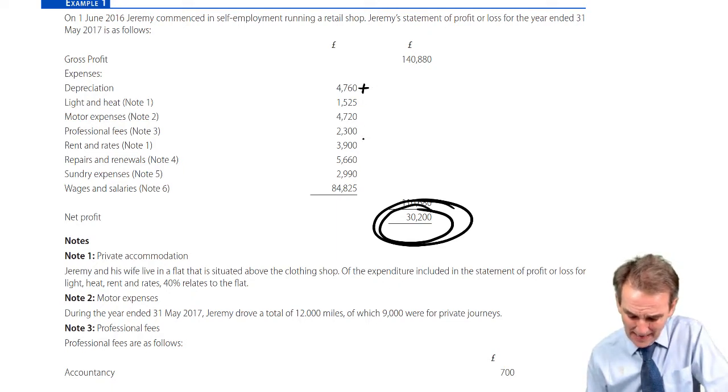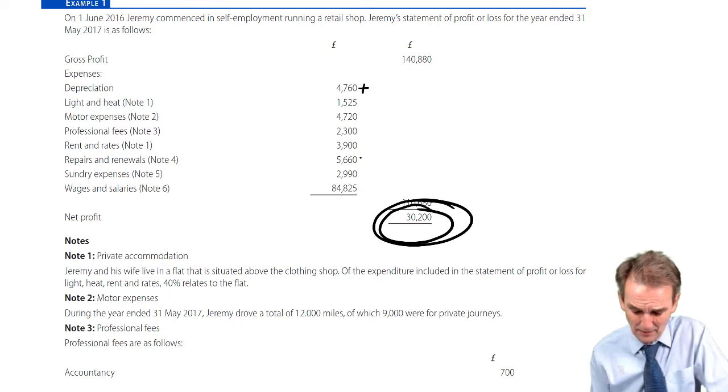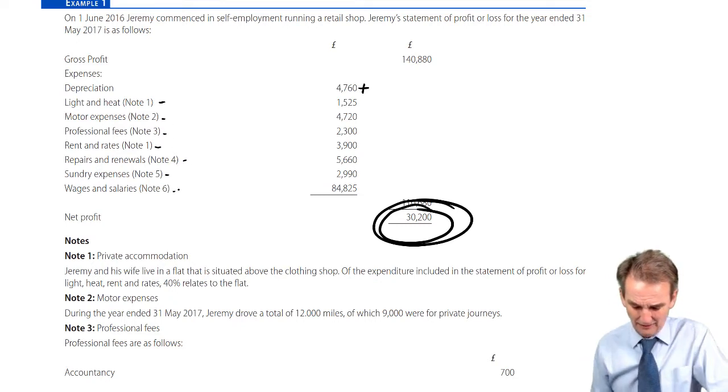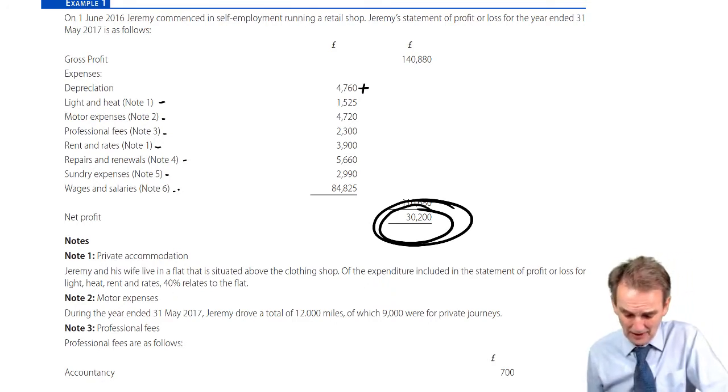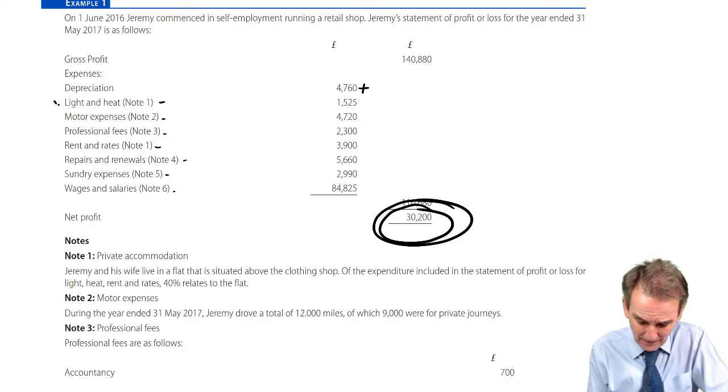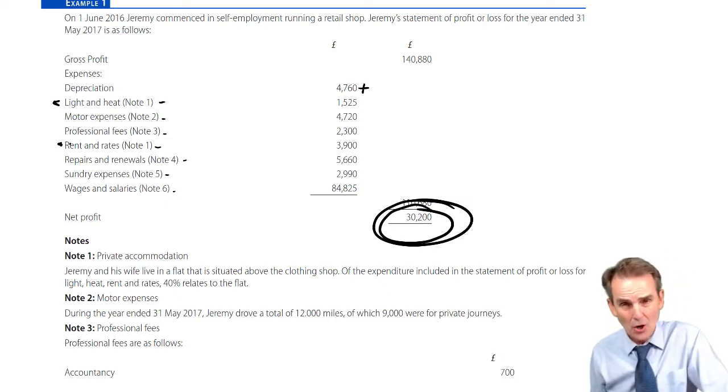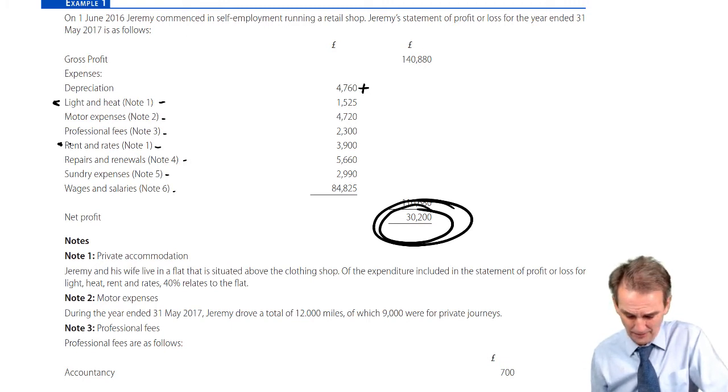Now, when we look at the remaining expense items, what we can see, of course, is that each of them has a note referred to them, and hence therefore we must now look at those notes. So light and heat, note 1 there, and also rent and rates is note 1. What does note 1 say? It's to do with the accommodation, private accommodation.